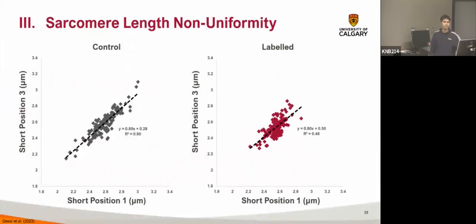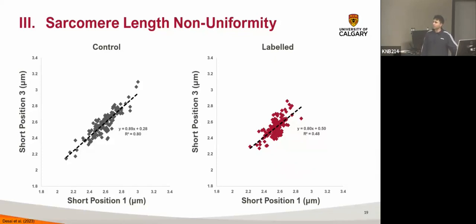When I look at the range, on the left in the control it goes from about 2.1 microns to maybe 3 or 3.1, and in the short ones from about 2.2 to 2.8 or 2.9. So it's a little bit compressed. If you look at the spread, I wonder if something might have happened there compared to the other one.